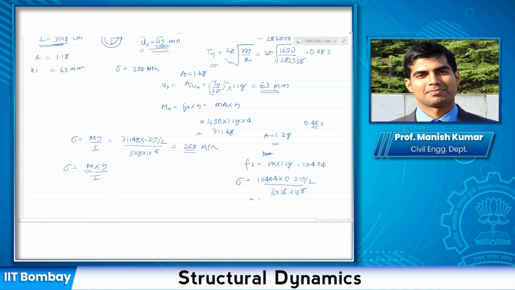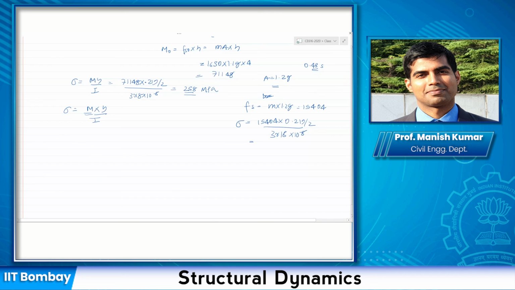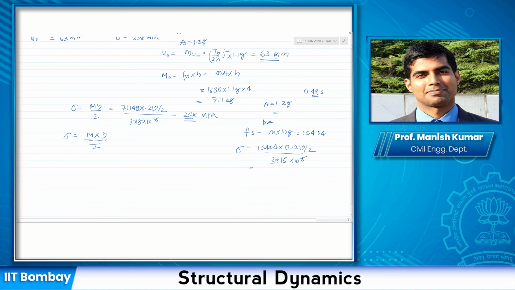And we can go ahead and calculate this. Remember, this would be times 4 here, because the force needs to be multiplied by h, so the moment would be 19404 times 4. So I'm just multiplying this with 4, and now I get 281.6 MPa.